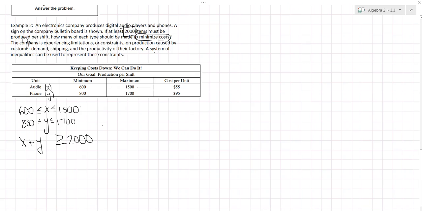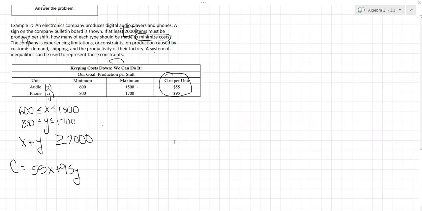And we're trying to minimize cost, so we have to write a cost equation for what we're trying to minimize. So if we notice, this here gives us numbers for cost, $55 for each audio and $95 for each phone. Okay, so then we need to graph those and do what we did on the previous problem.